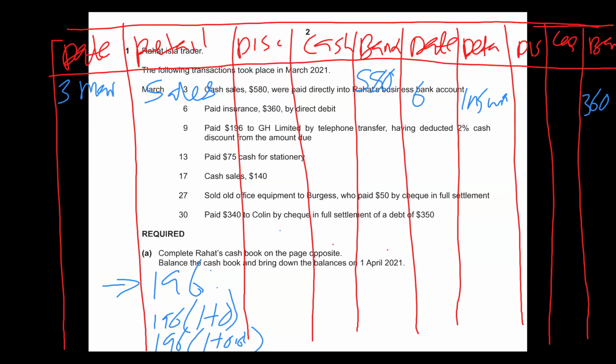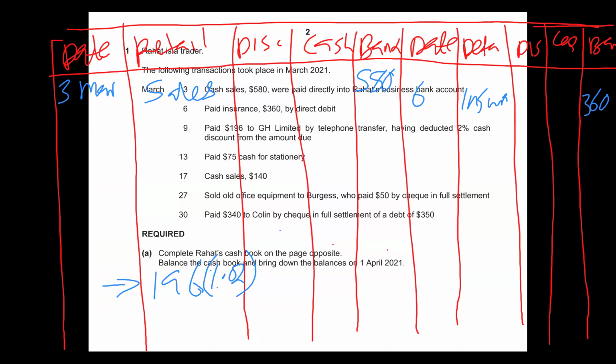So when you multiply 196 times 1.02. Remember, 1 plus what? 1 plus 0.02 is 1.02, isn't it? So you can multiply these two.